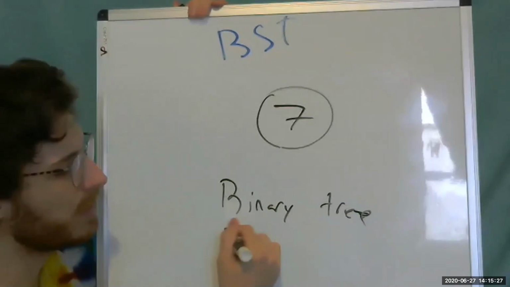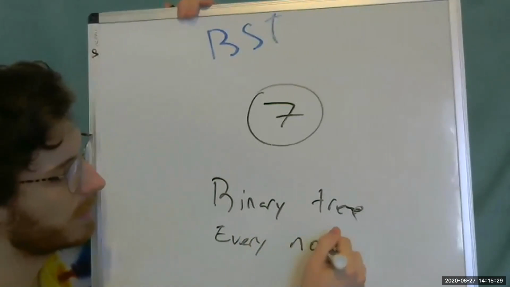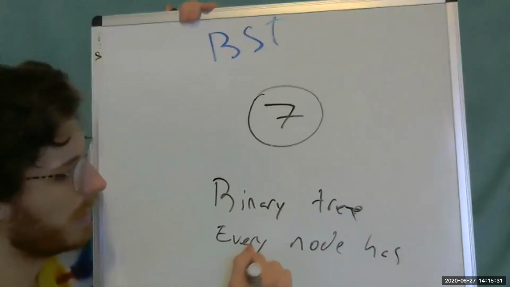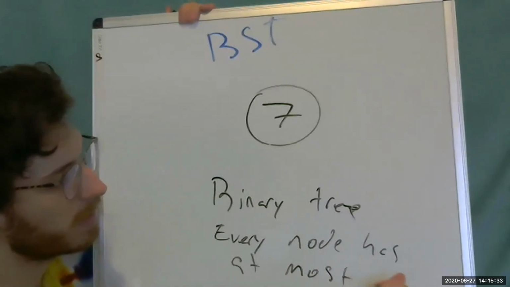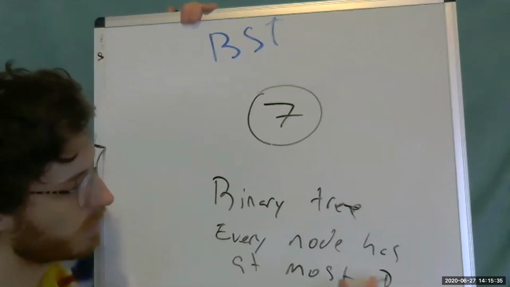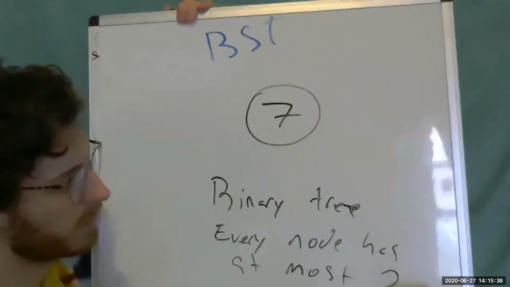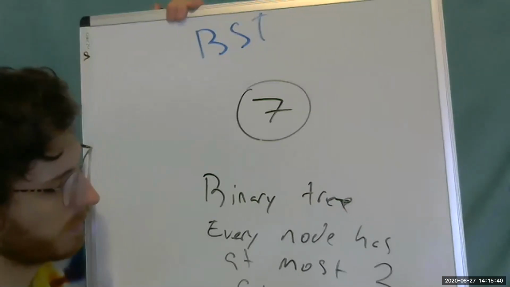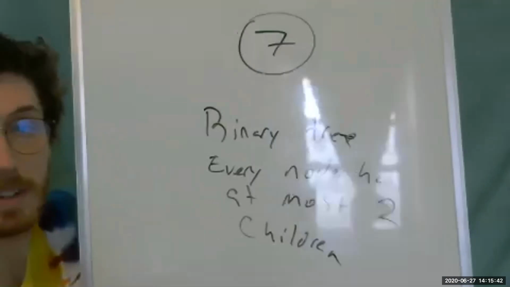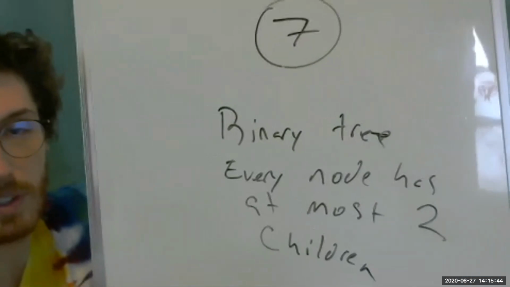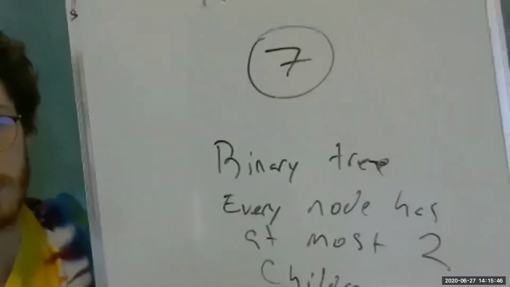Every node has at most 2 children. Sorry. Right, so a binary tree is every node has at most 2 children.